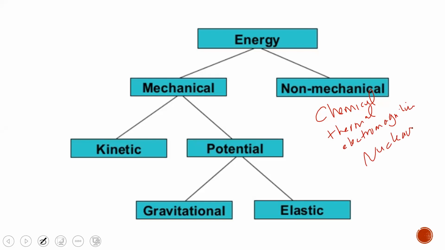In this lesson, I classified them for you. One of them is mechanical, and the others are not mechanical. The not mechanical energy includes chemical, thermal, electromagnetic, nuclear energy, and so on. We have many examples, and gravitational energy also. We have many examples for the not mechanical energy.